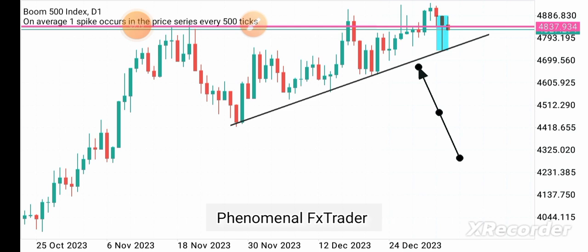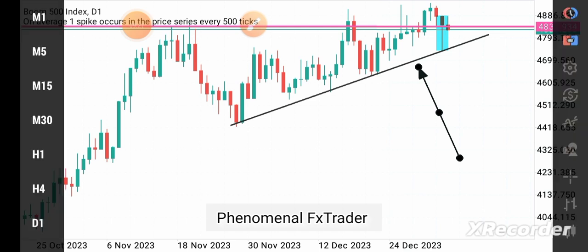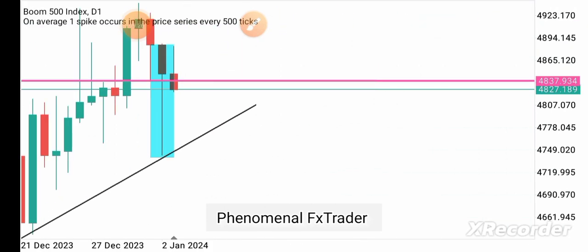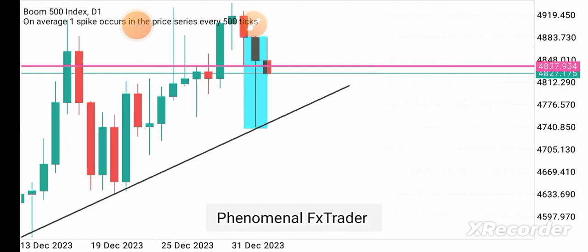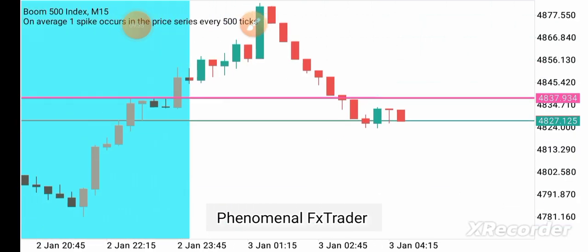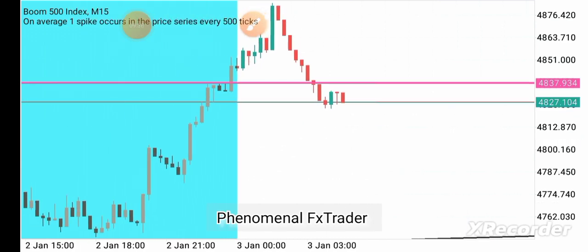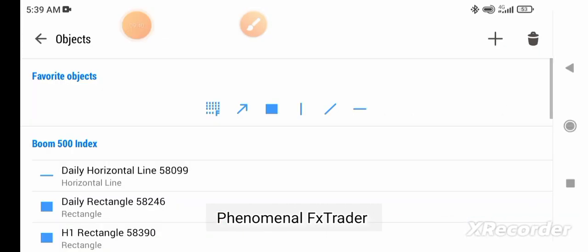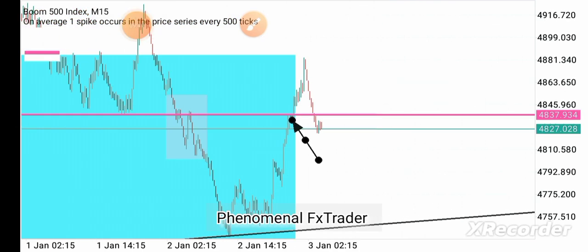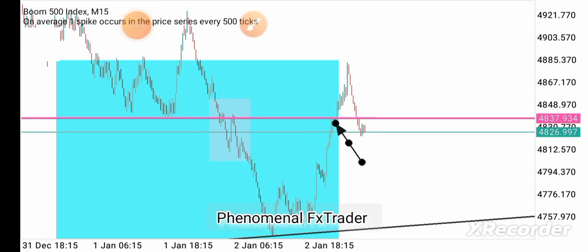Now, for the current daily candlestick, I told you I'm going to explain something there. For this one, you can see now this particular zone on the 15-minute time frame. You can see now that this line has been respected from this point.